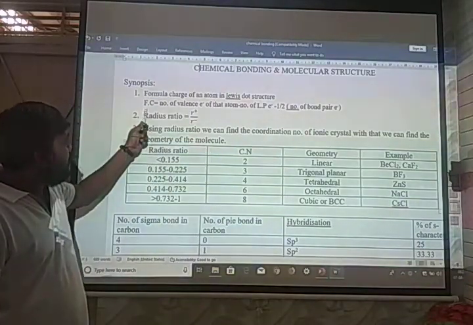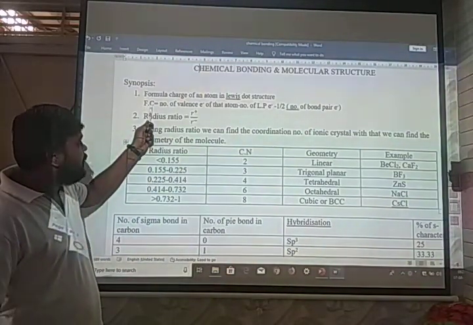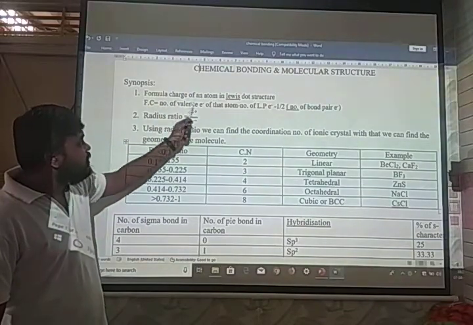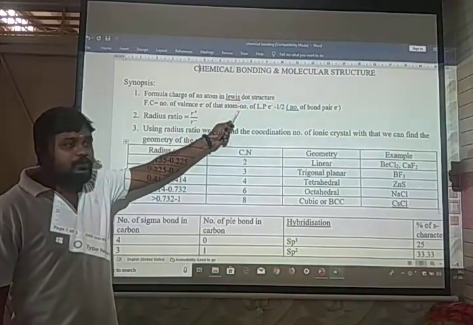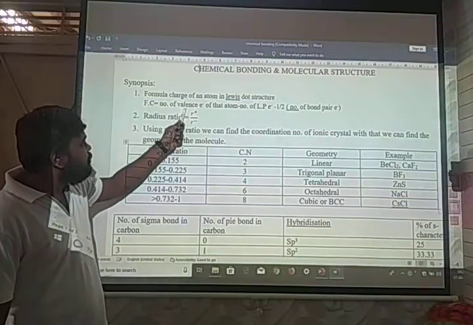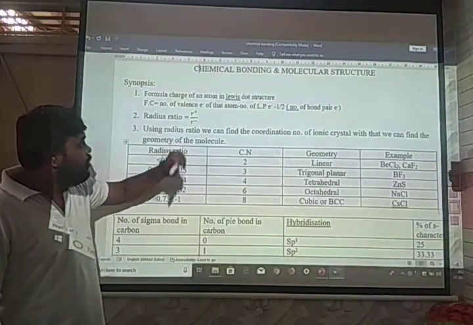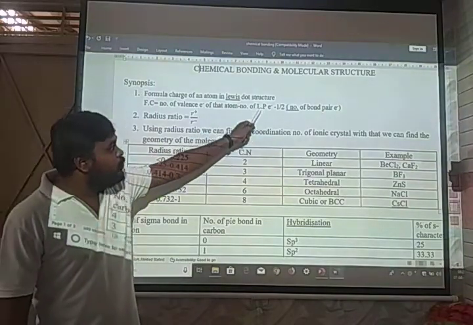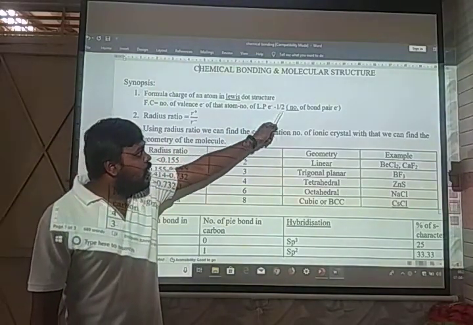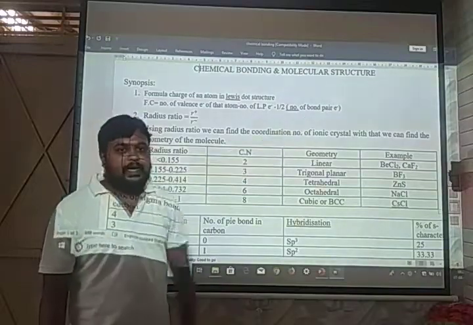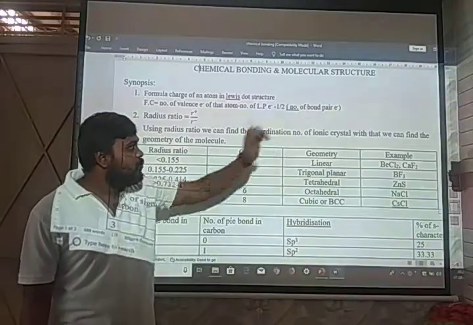The formal charge of an atom is equal to the number of valence electrons of that atom, where valence electrons means the outermost electrons, minus the number of lone pair electrons, minus half into the number of bond pair electrons. This is the formula to find the formal charge.